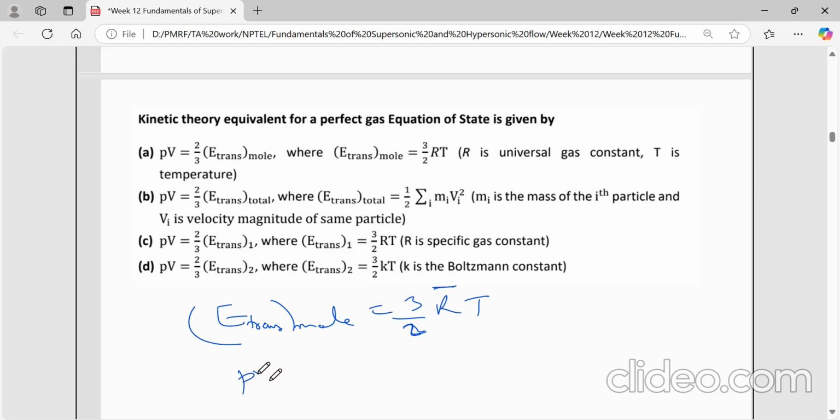So we can also write PV equal to 2 by 3, if we see from option A, E translational mole, and if we put this 3 by 2 RT here, then we'll get RT. So PV equal to RT is nothing but perfect gas equation. So these equations are same. So option A is the correct option.